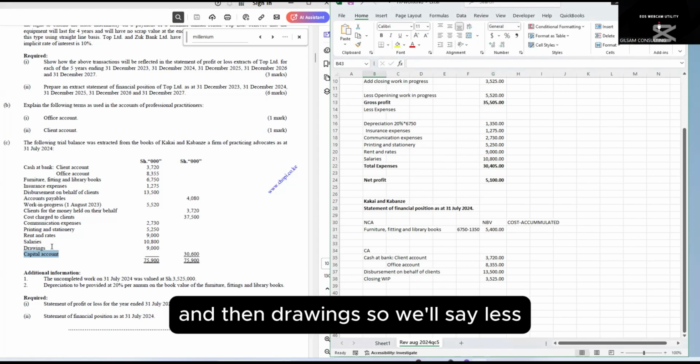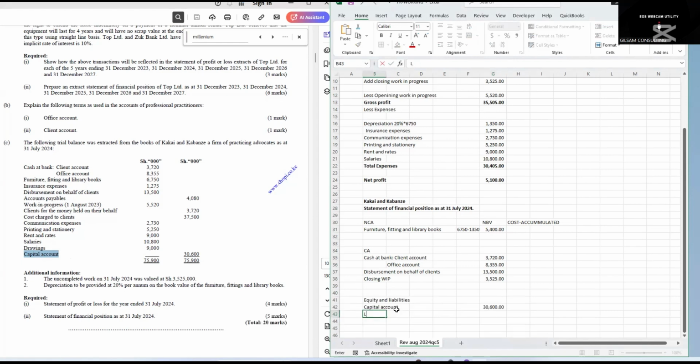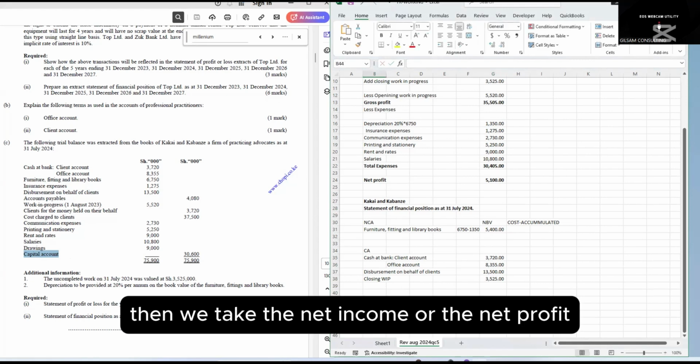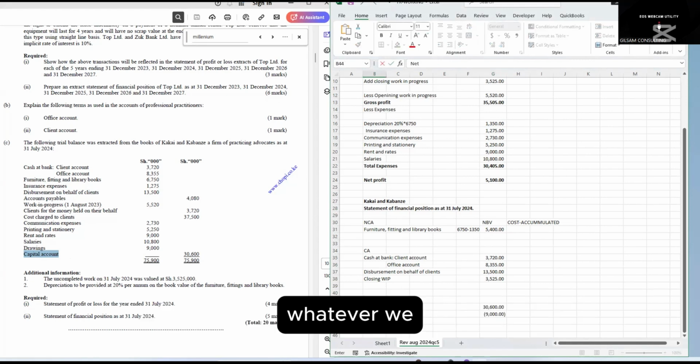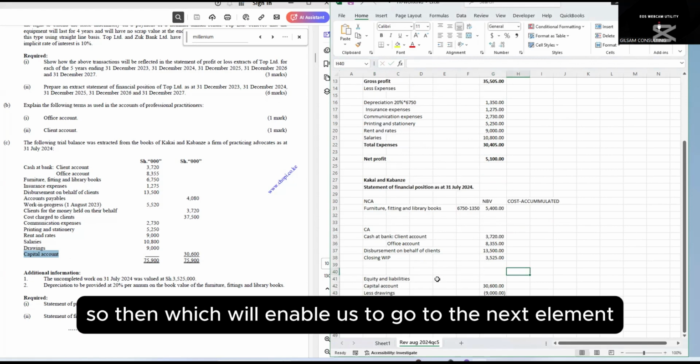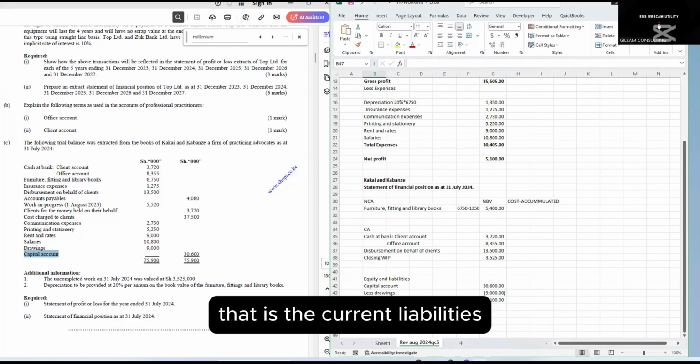And then drawings, so we'll say less drawings of 9,000. Then we take the net income or the net profit, whatever we have gotten up there, and bring it here, 5,100.